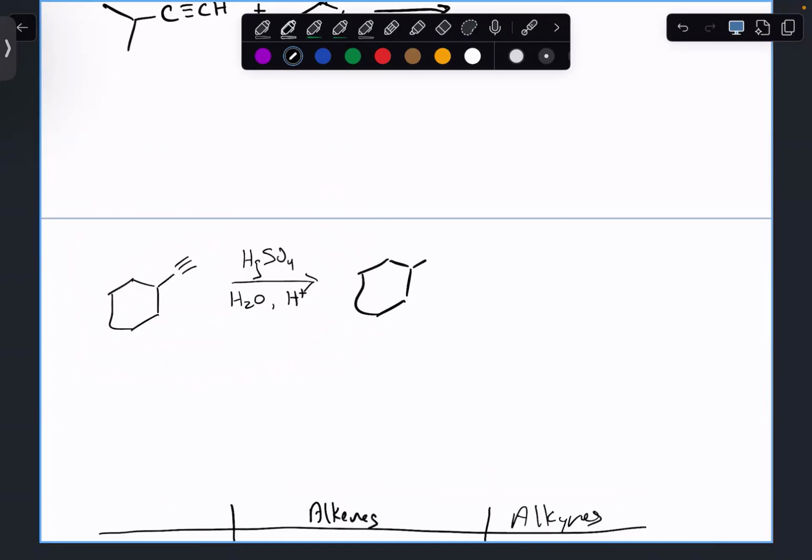And so we would get that as your initial product. Now that, of course, is the enol, which will then rearrange to make the ketone. All right, any questions here?